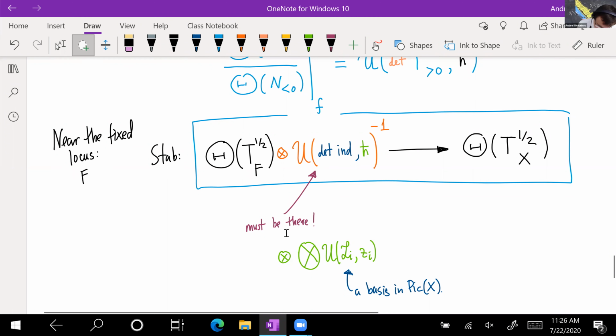I can tensor the source and target with anything I want, but this means that in this direction, this h bar will be a shift. This h bar will shift to z.